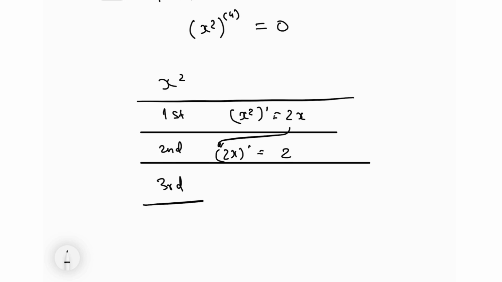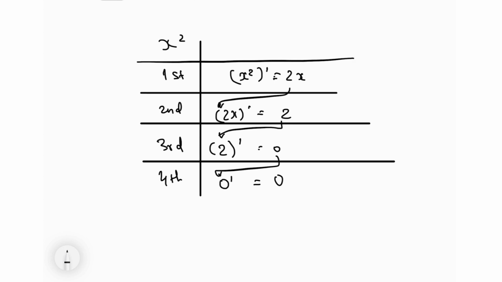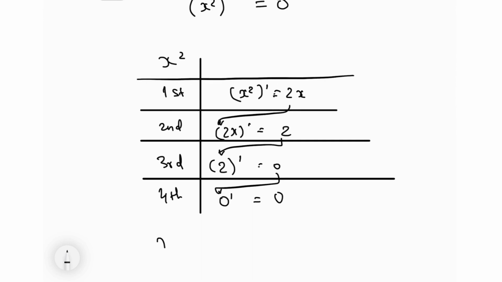The third derivative is the derivative of the second derivative, which is 0. And the fourth derivative is again 0 prime, which is 0. So, as we have seen before, the fourth derivative of x squared is 0.